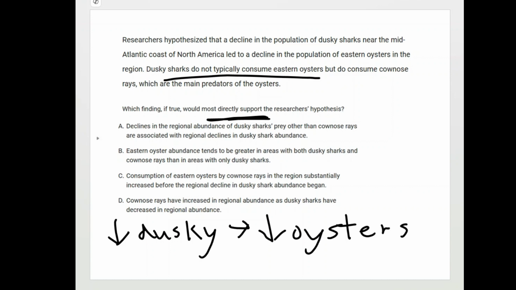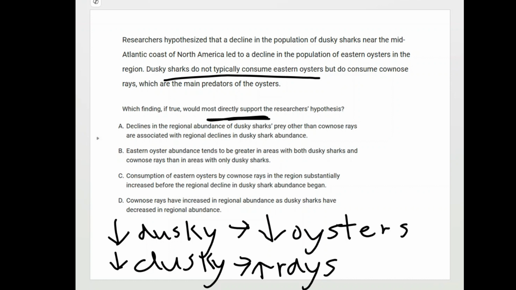So if you have a decline in dusky sharks, that's going to mean that you're probably going to have more rays, right? So we're filling in the blank piece in this relationship here. There's an increase in rays. Well, if there's an increase in the predators, then there's going to be a decrease in prey, right? So that kind of describes that relationship.